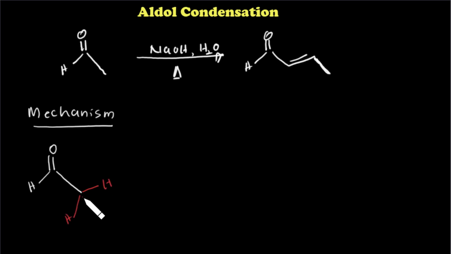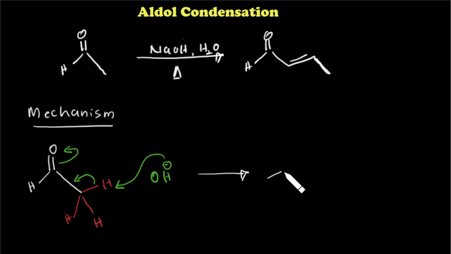Those are the alpha hydrogens, and they are a little bit acidic. Because of this acidity, when we have a base like sodium hydroxide, the base takes this acidic hydrogen, this bond breaks, and we end up with this enolate ion.